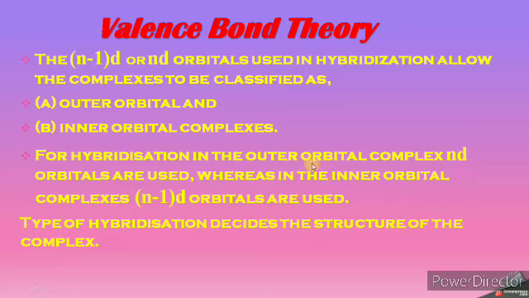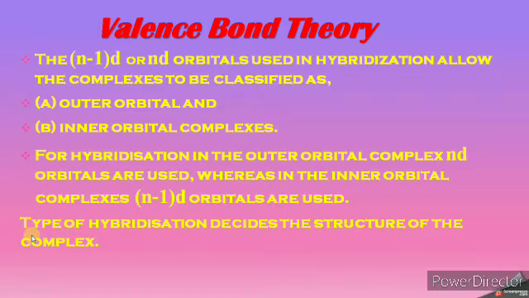For hybridization in the outer orbital complex, for example, in case of transition metals, the first series is the 3d series from scandium to zinc, and in this series the elements are placed in the fourth period. So the valence shell, outer shell, is the fourth shell, and the inner shell is 3d.